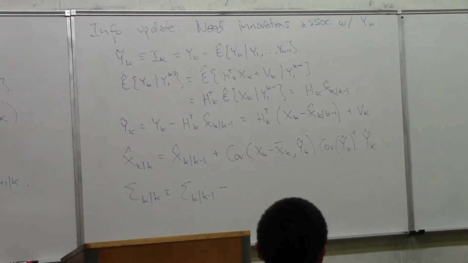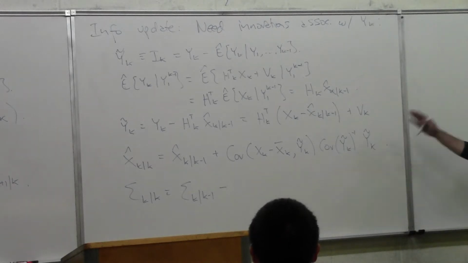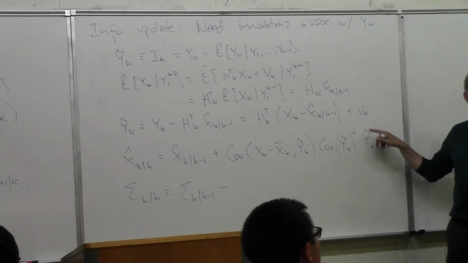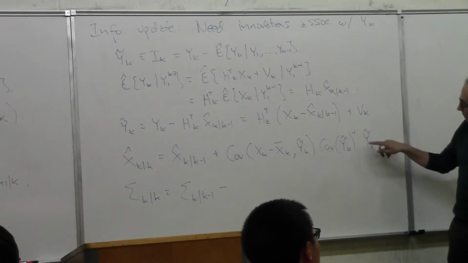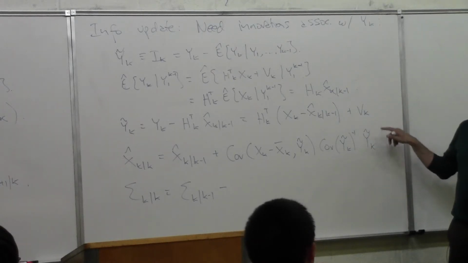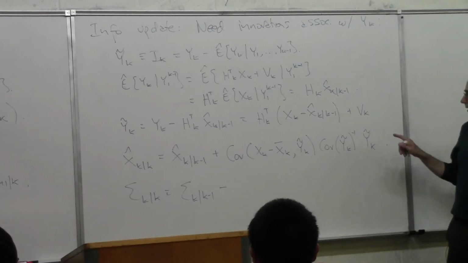Well, it's the expectation of this times its transpose. And you see that everything's deterministic except for this random thing here. And what's the expectation of that squared? We have scalar observations here. It's the covariance. So these guys will cancel.